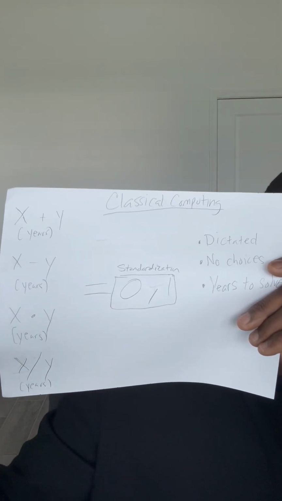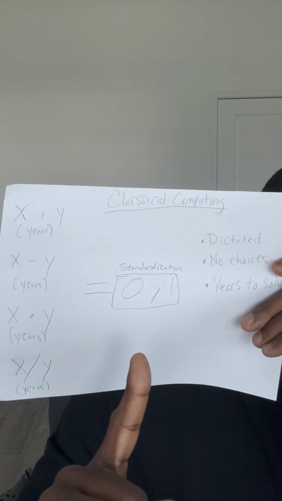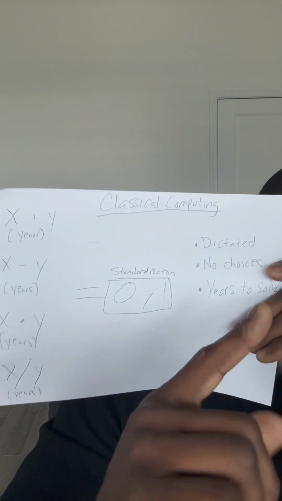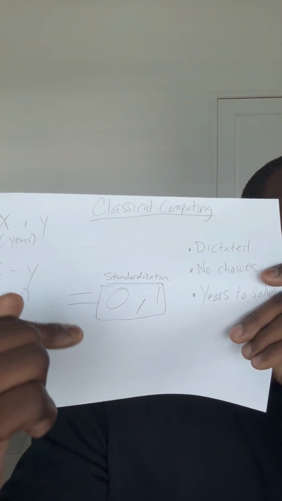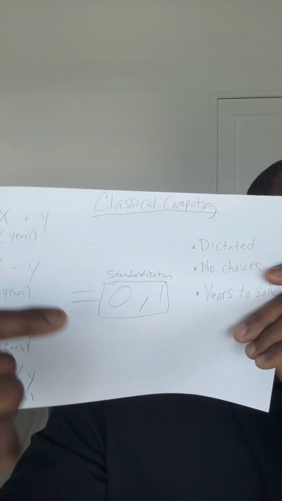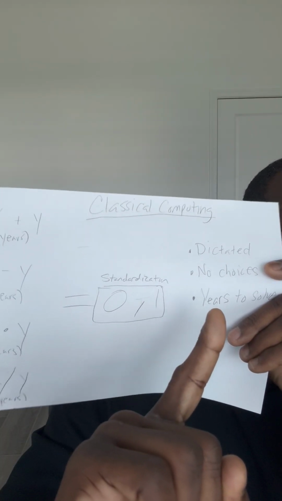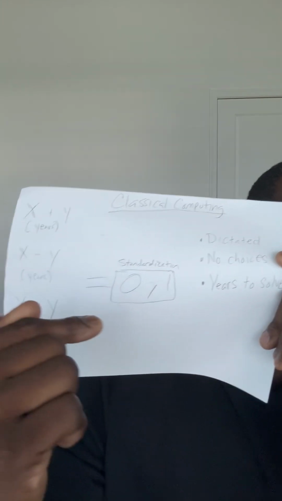X's and Y's, no matter what the problem is, it's always going to result in one thing: zeros and ones. And the zeros and ones that they conclude is dictated by what they conclude, and what they conclude is going to be based on how it's going to benefit them. You don't get choices, right? And it takes years for them to solve one problem.